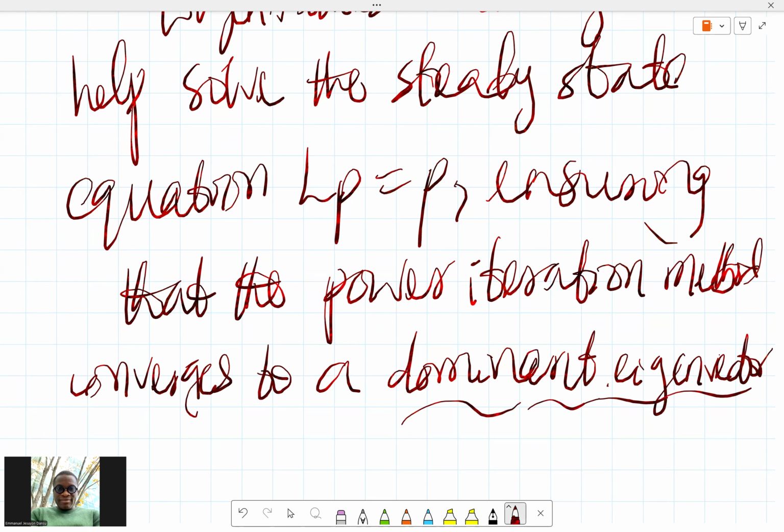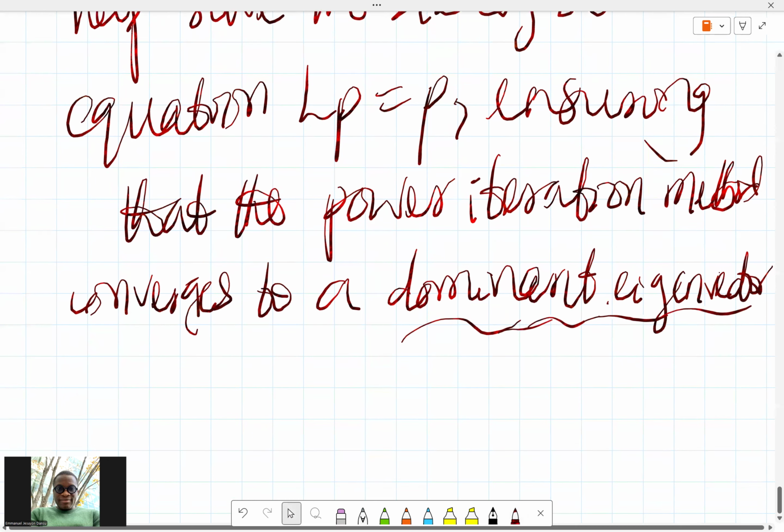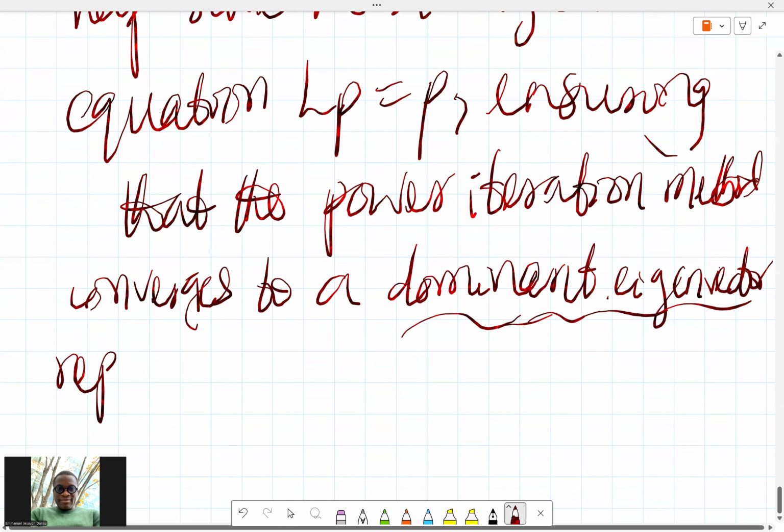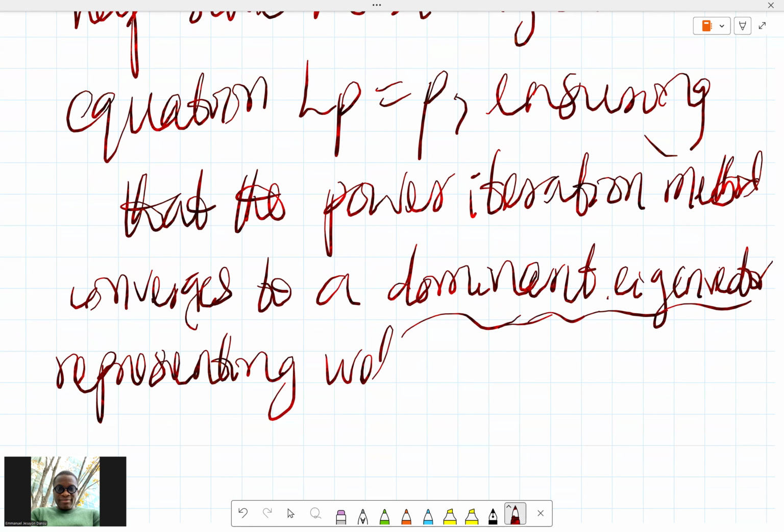Okay, this is important: a dominant eigenvector.